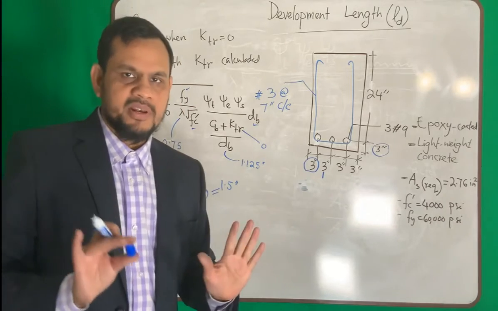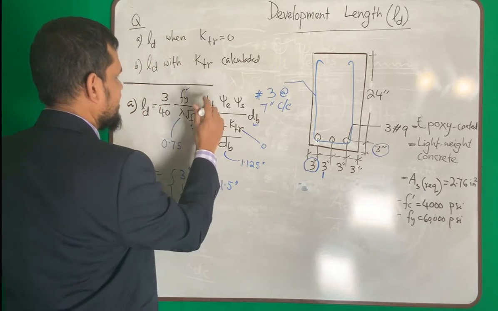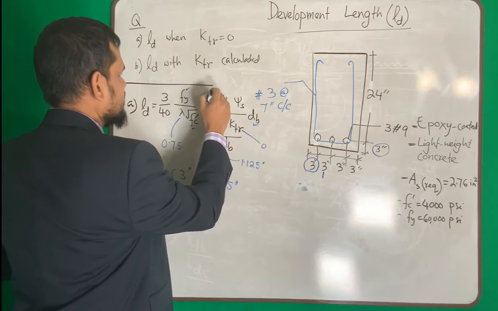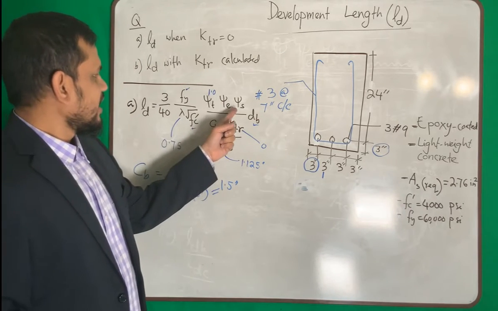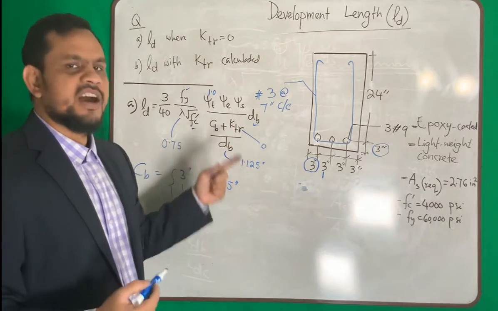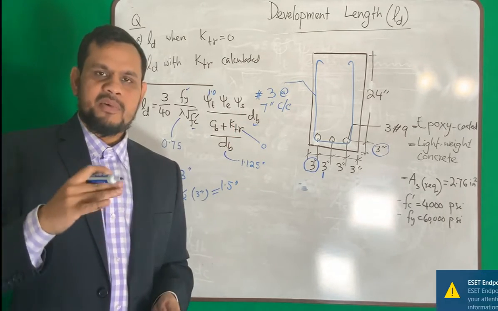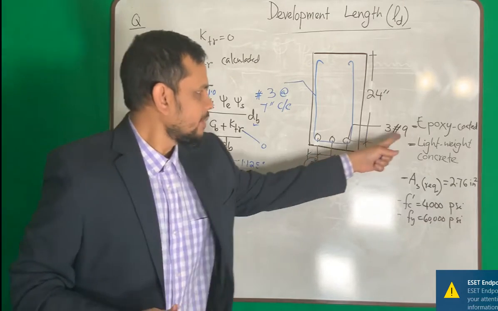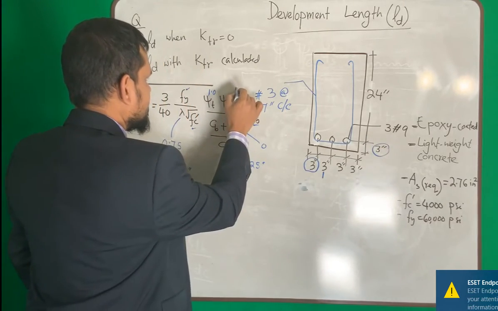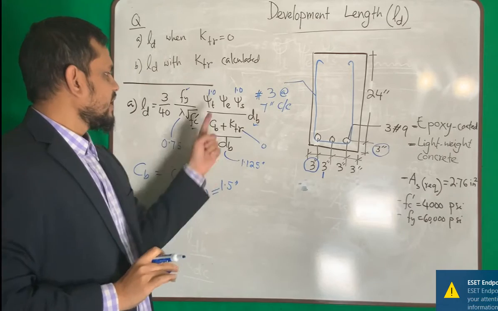So at least not 12. So psi T is 1. Now this one, size factor. If it is number 7 or above, it is 1. My bar is number 9. So psi S is also 1.